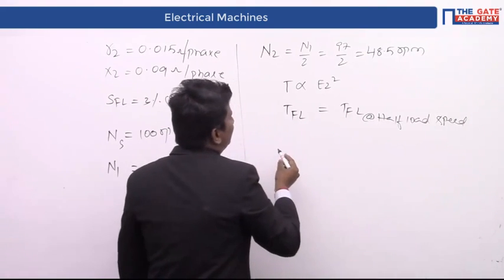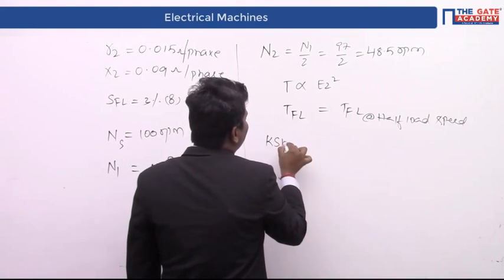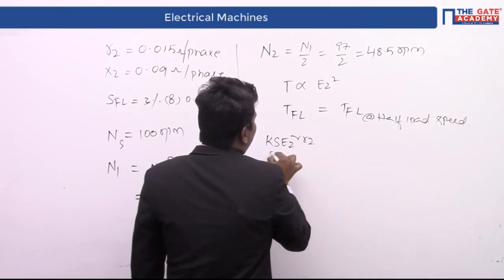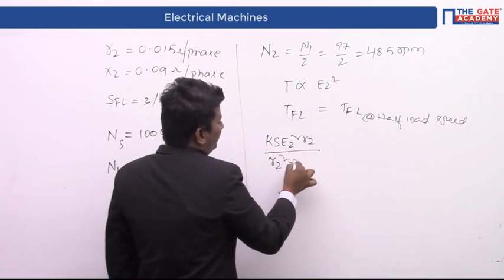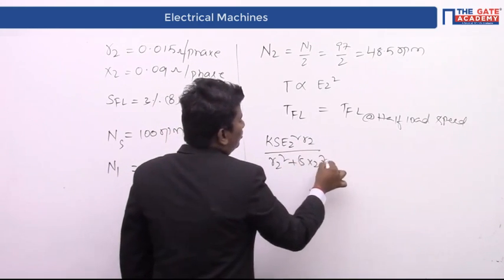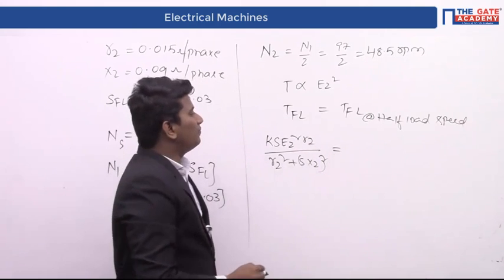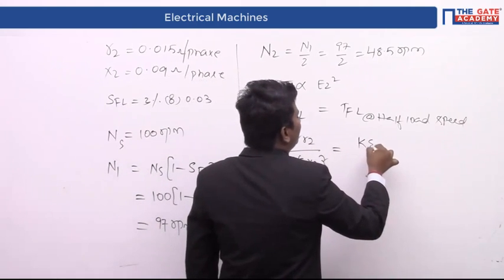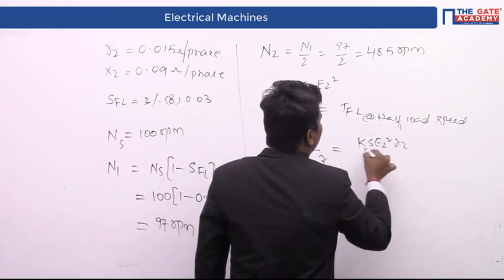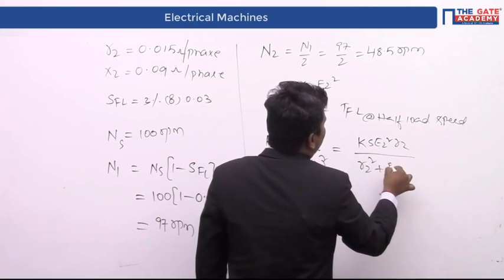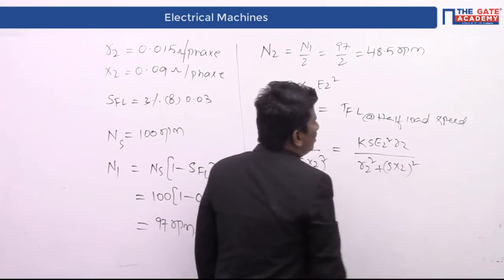As we know, torque is equal to K s E2 square R2 by (R2 square plus (s X2) whole square).